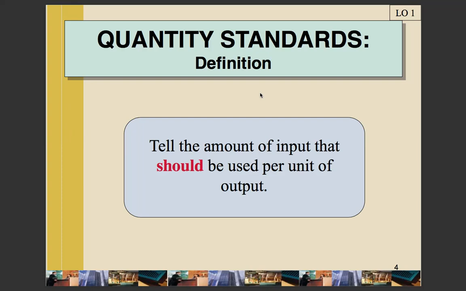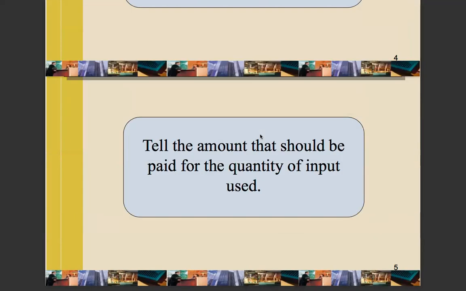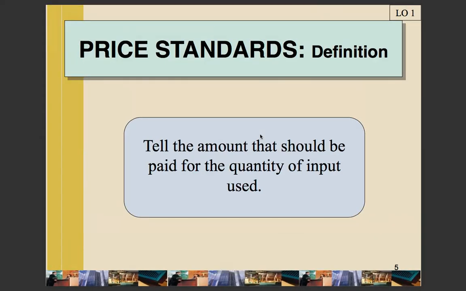That is the input they have to put in to produce one product. And the price standard is the amount that should be paid for the quantity of the input to be used.